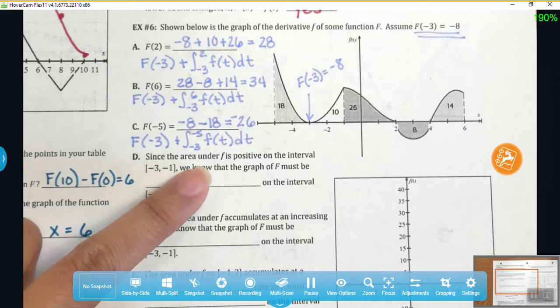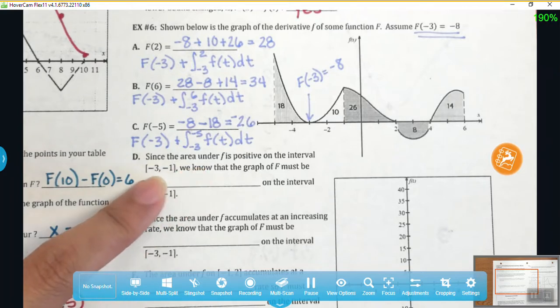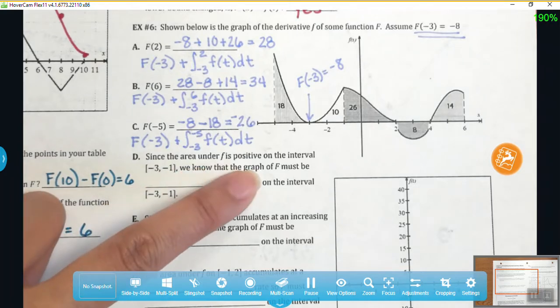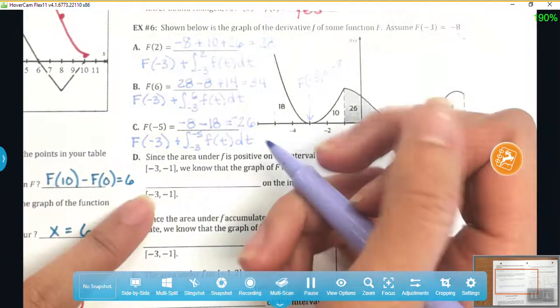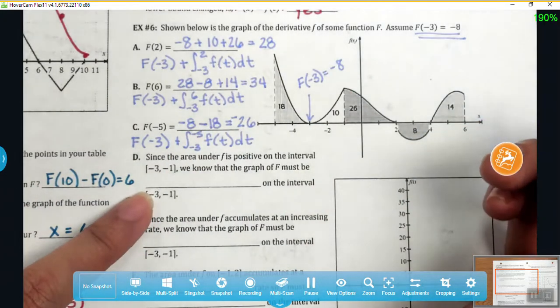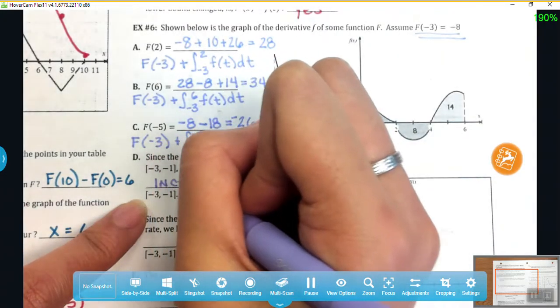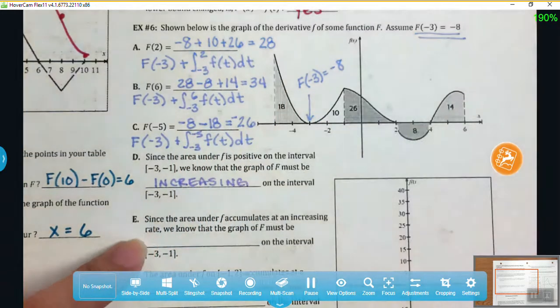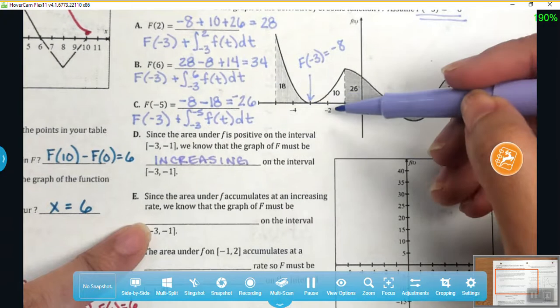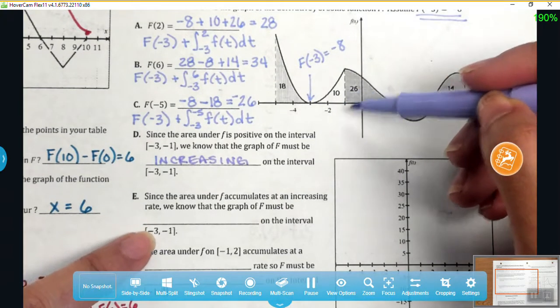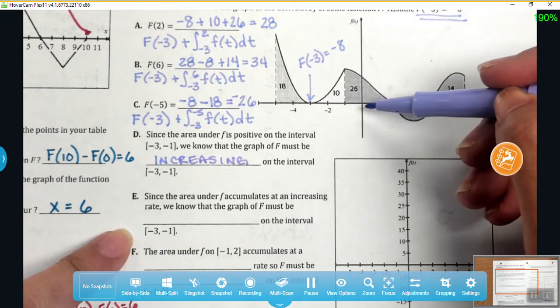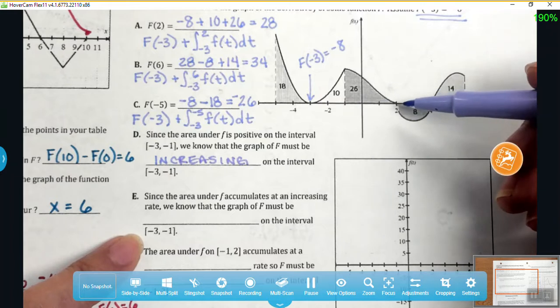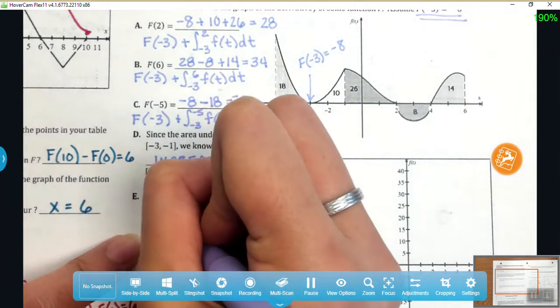Since the area under f is positive on the interval from -3 to -1, we know the graph of f must be increasing on the interval. And since the area under f accumulates at an increasing rate, we know the graph of f must be concave up.